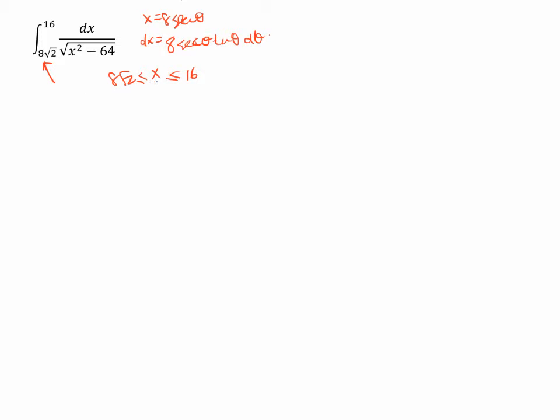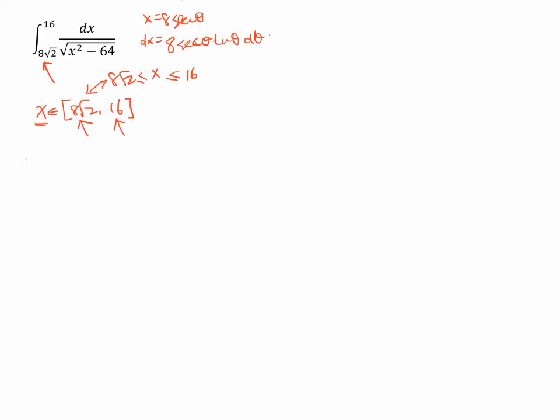Okay, I know that x is in this region. I rewrite it into x belongs to 8 square root 2 to 16. These two mean exactly the same thing: x belongs to this region. So what I need to do right now is simply pick these two endpoints for x, right?